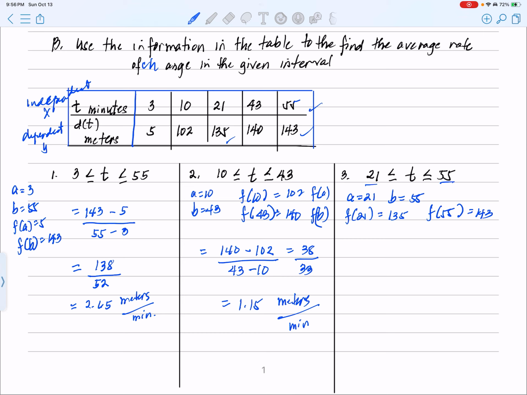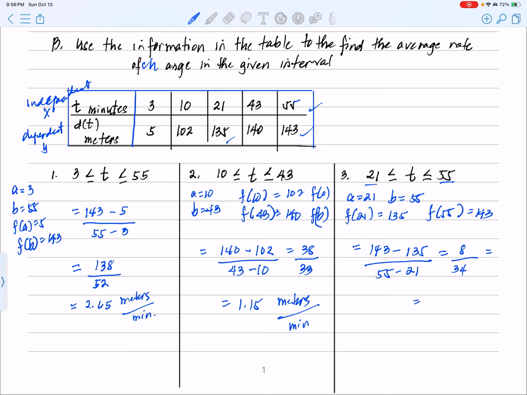Okay, let's do this. So f of B is 143 minus 135 over 55 minus 21. So 143 minus 135, that's 8. 55 minus 21, that's 34.